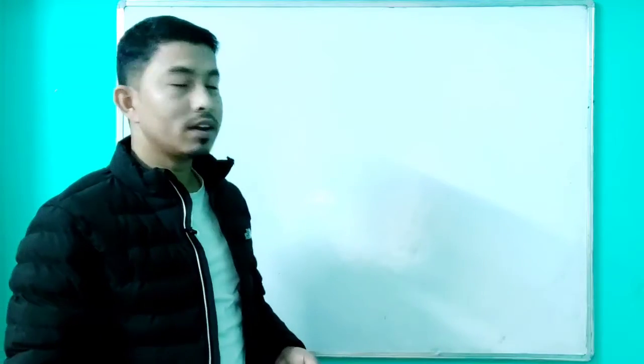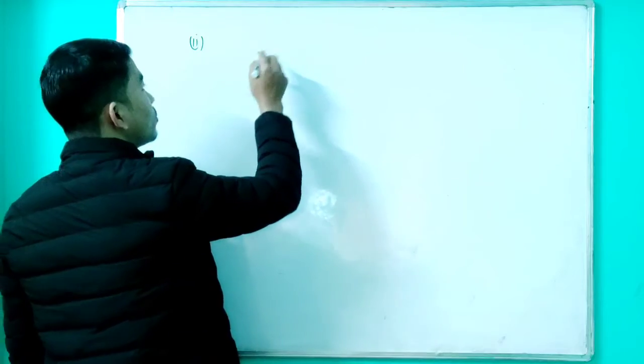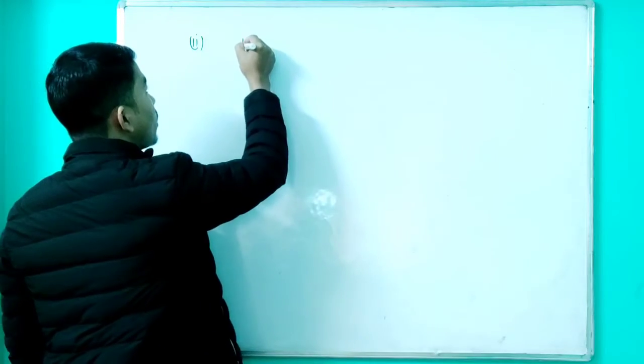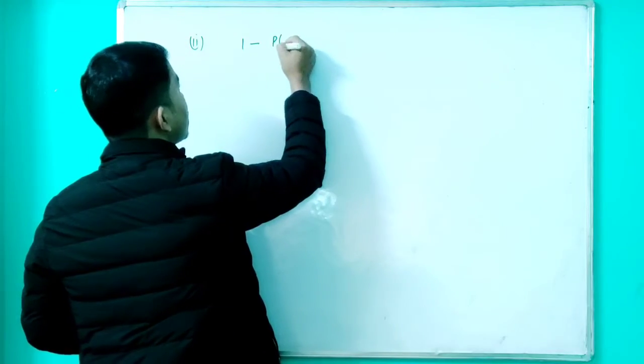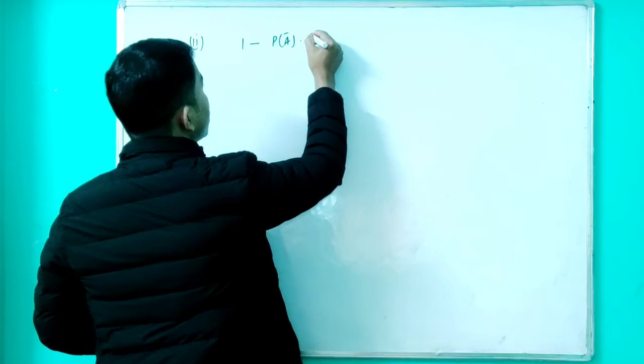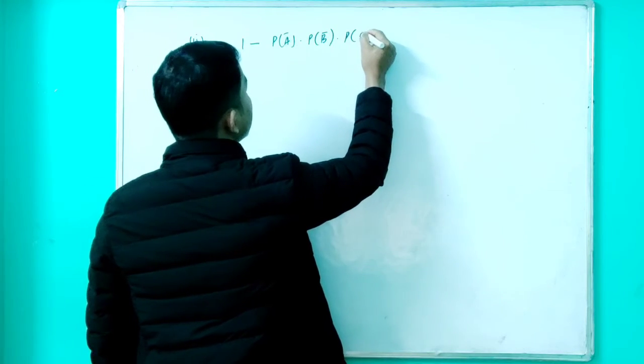Now, in order to solve the second part, which is asking at least one of them will hit the target, the probability will simply be 1 minus the probability of not even one of them hitting the target. So it will be the probability of A complement times the probability of B complement times the probability of C complement.